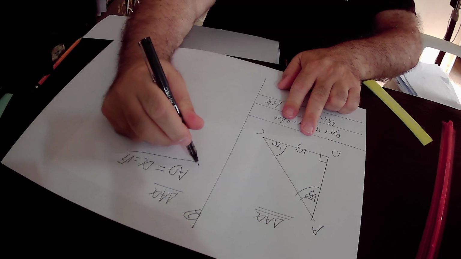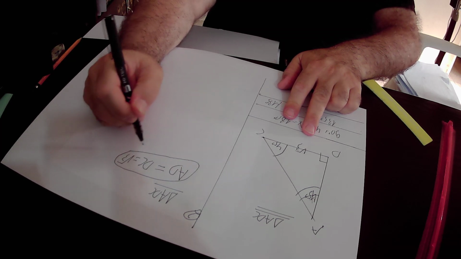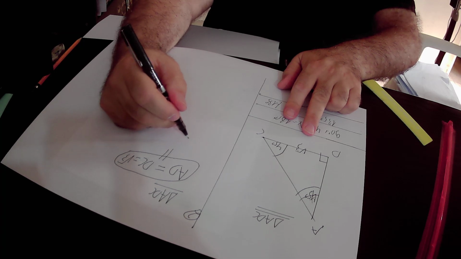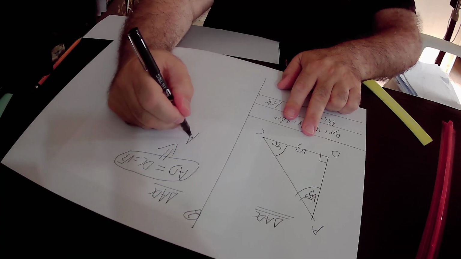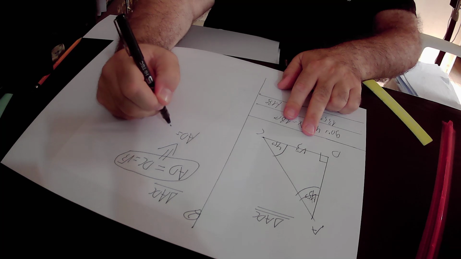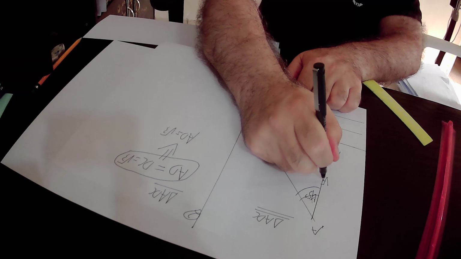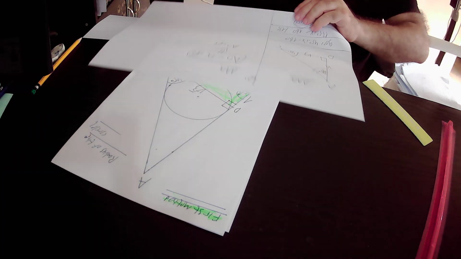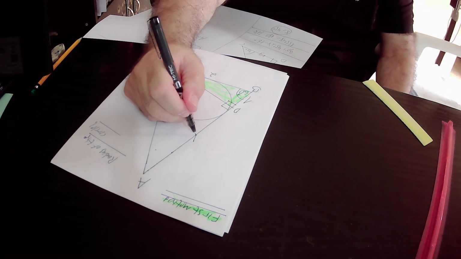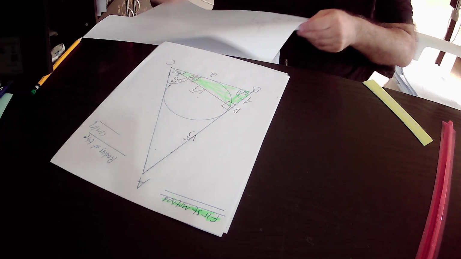From the equation AD equals DC equals the square root of 3 units, we derive that AD is also equal to the square root of 3 units. Here you can write that AD equals the square root of 3 units.